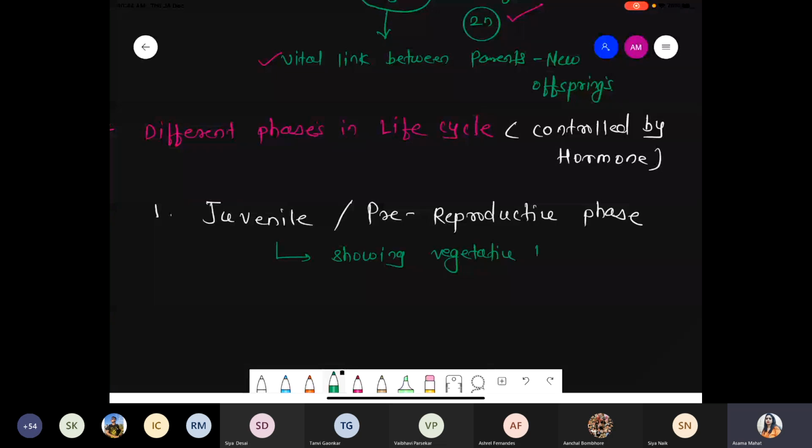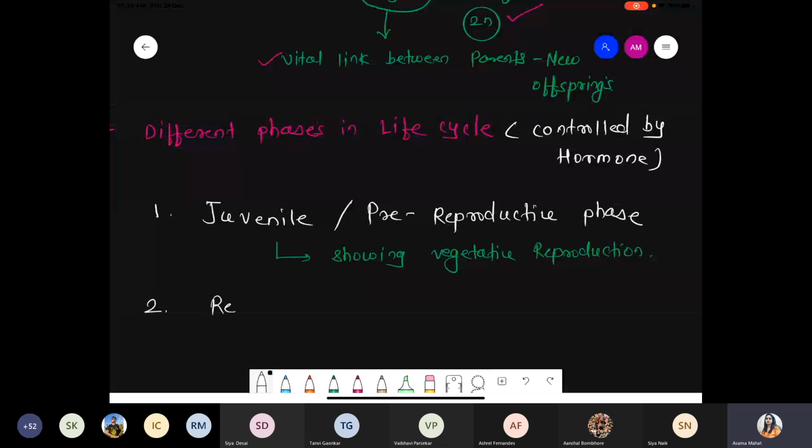They show vegetative reproduction because the sexual parts, male gamete, female gamete, anther, that is gynoecium, are not developed. So whatever the developmental parameter is there, they are all showing the vegetative reproduction.